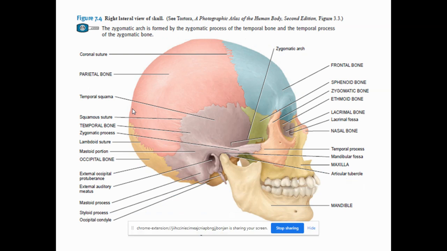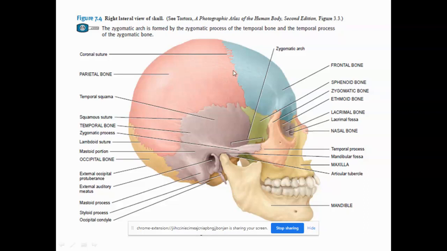Now, this is the lateral view of the skull, and you can see the different bones: parietal bone, frontal bone, ethmoid bone, sphenoid bone, zygomatic bone, nasal bone, maxilla, mandible, temporal bone and occipital bone. In between the two bones, you can see the lines which are called sutures, which join the two different bones together.